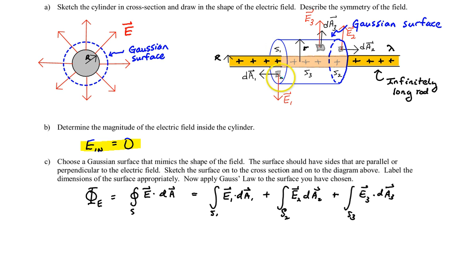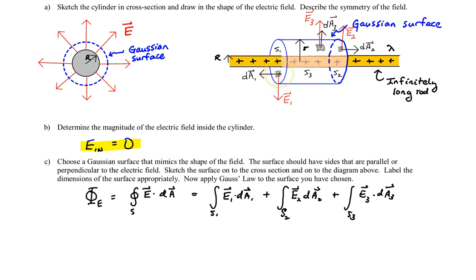If you look along surface 1 and surface 2, the 2 end caps, you can see that the angle between the electric field and the area vector for that little piece of shaded area is 90 degrees, and so is it over here. So none of these field lines actually penetrate through the surface.